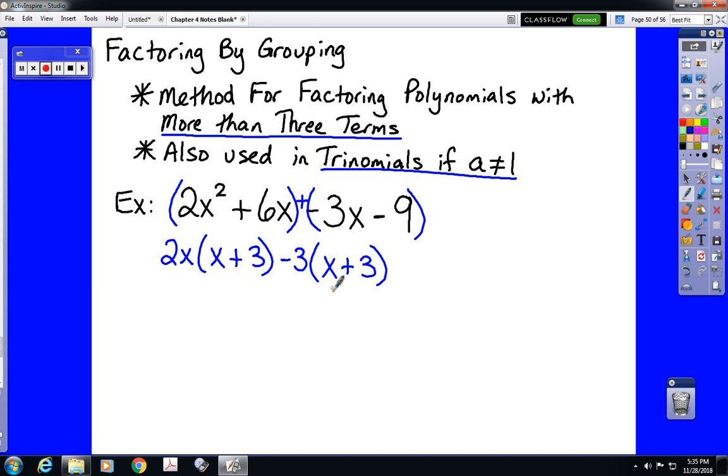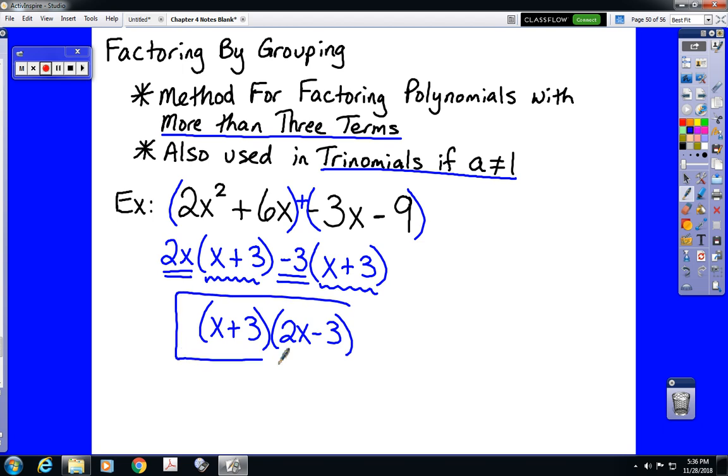And not only is it a binomial, but it is a binomial that has a greatest common factor of x plus 3. So in essence, what we're doing is factoring this x plus 3 out, which would leave 2x minus 3. And that is how we factor by grouping.